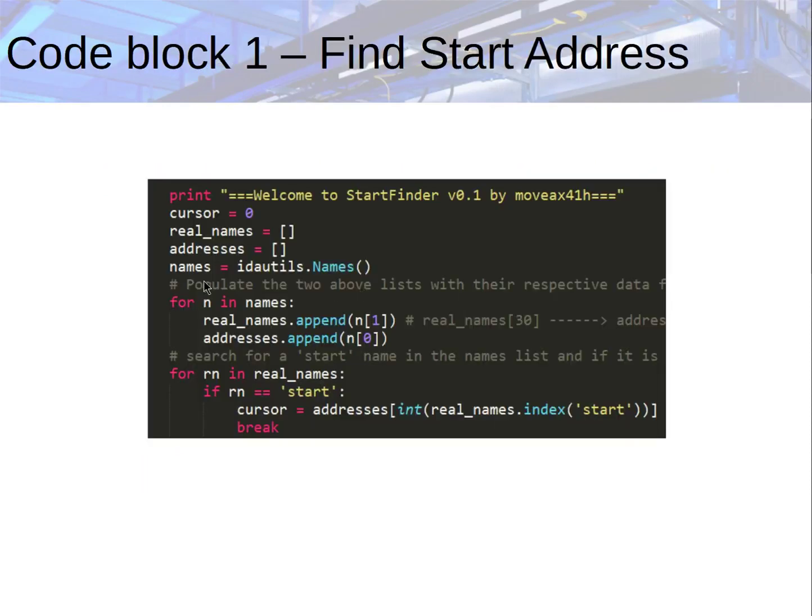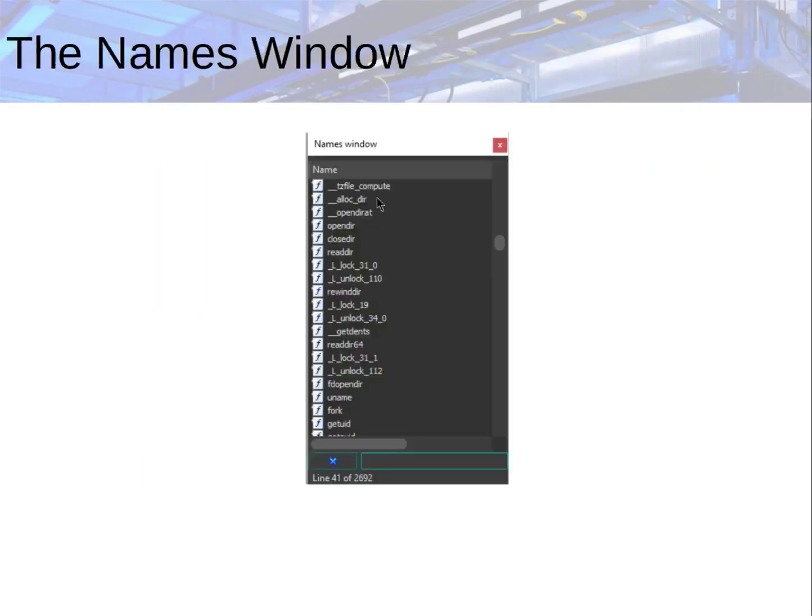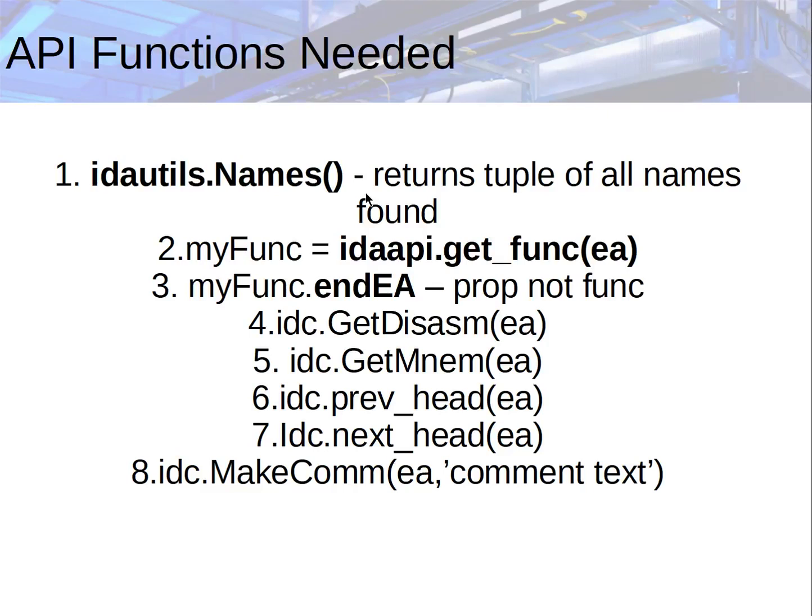So here, let me go ahead real quick. This window in IDA Pro is the names window, and we're basically going to get a list of tuples, and each tuple will have the string name and then which address it's at in the file.